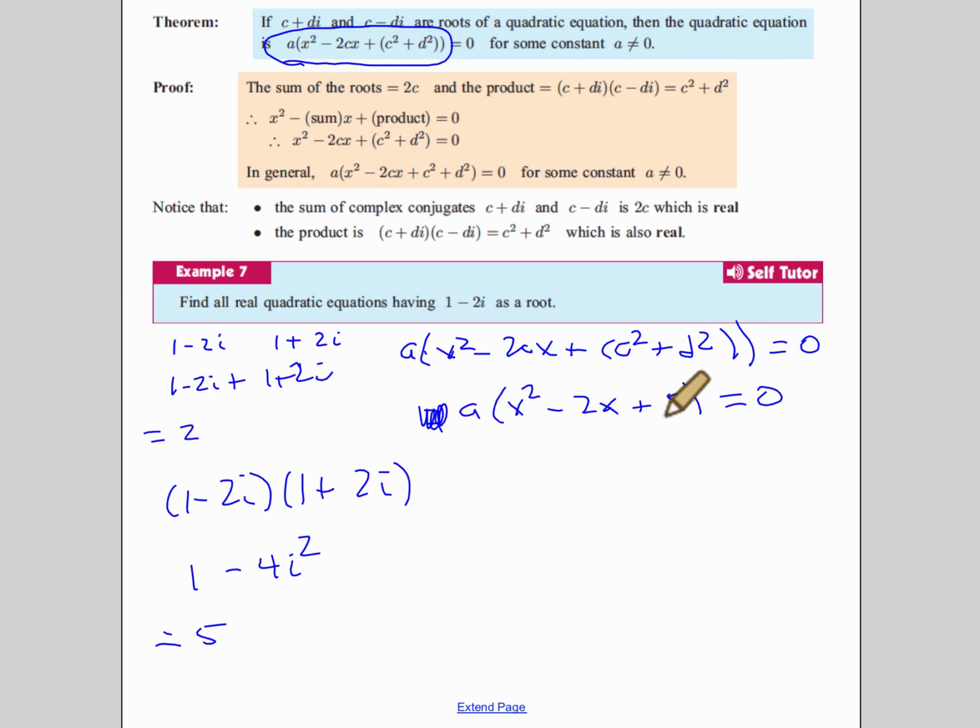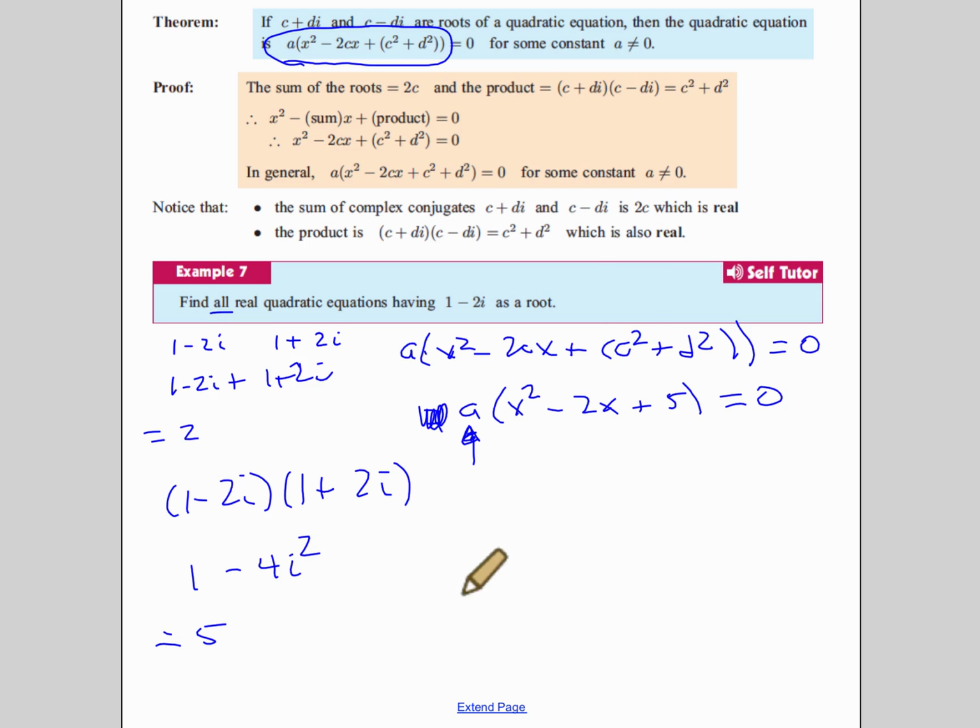What this represents is all real quadratic equations that have 1 minus 2i as a root. And it's a real quadratic because all of the coefficients are real numbers here. And we know we have all of them because we're multiplying by the constant a. Any multiple of this is still going to have the root 1 minus 2i because we could always factor out the a, divide by a, and it comes down to this basic quadratic.